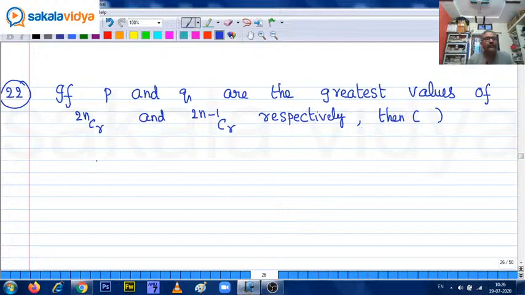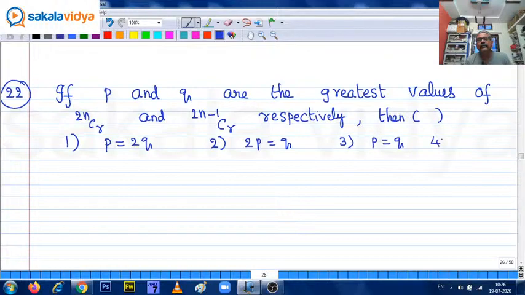First option, P equals 2Q. Second option, 2P is equal to Q. Third option, P equals Q. Fourth option, P is equal to n times Q.